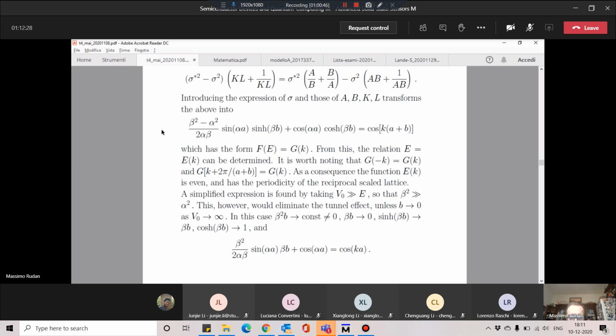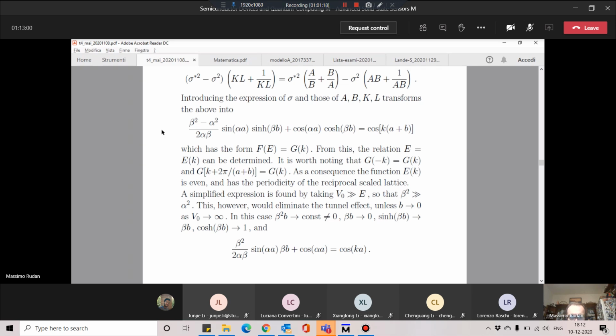We have noted that due to the properties of the cosine, the relation between energy and K is even. So it is invariant if we replace K with minus K. And also that E is periodic with respect to K, and the period is the Brillouin zone, okay?